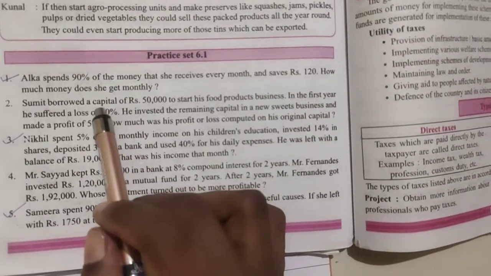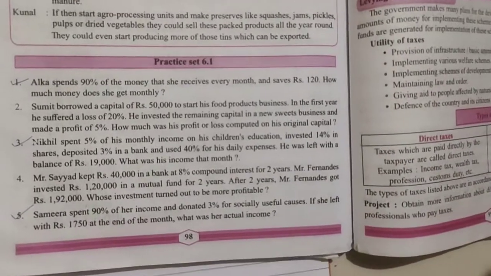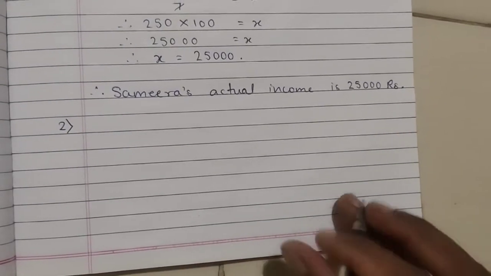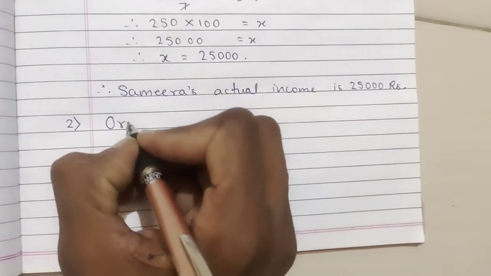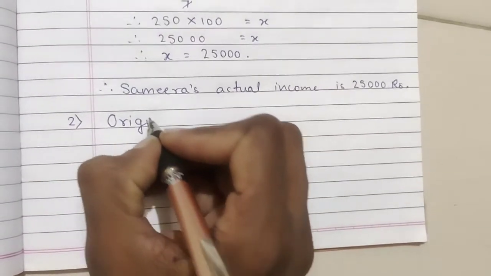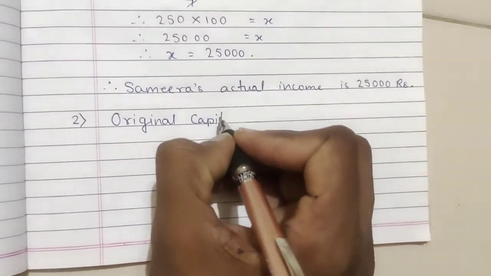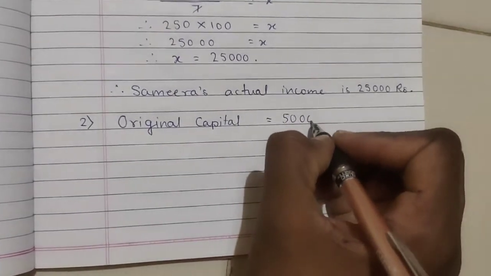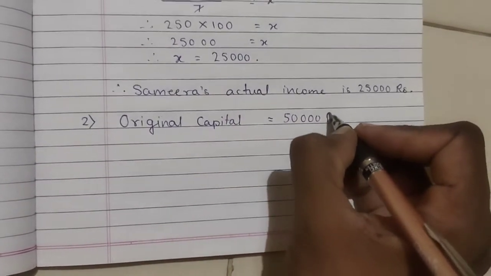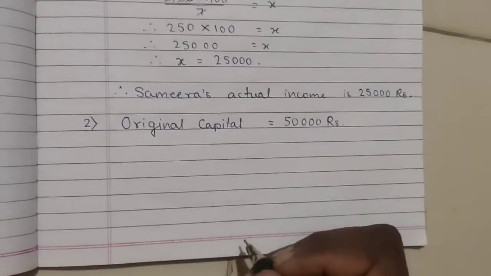First thing is, we know the original capital and loss, so we will start with that. How much is the original capital? 50,000 rupees. At the start he has invested 50,000 rupees in food product business.